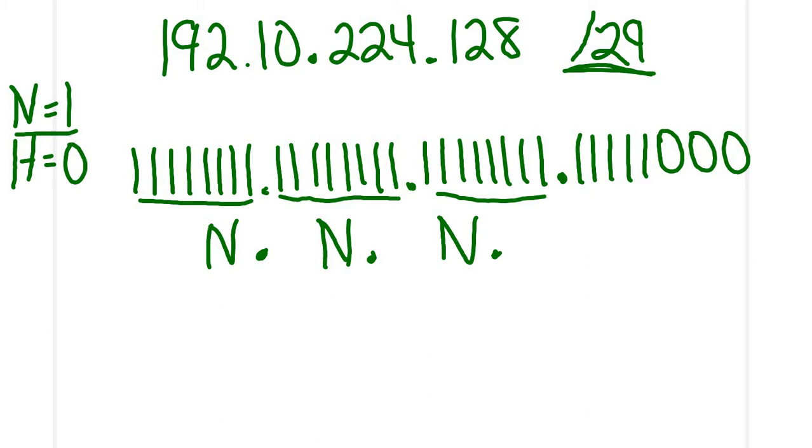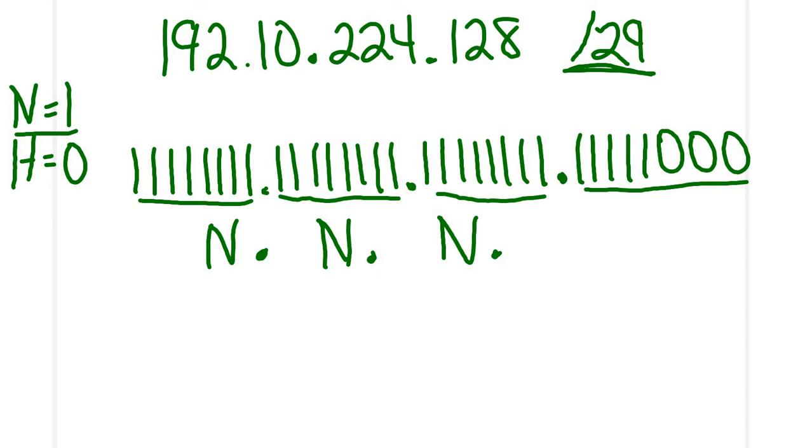And in the instructions it says that it wants us to place a lowercase n if a single bit is in the network portion, and a lowercase h if we have a single bit in the host portion. So this last octet, because the octet is mixed with zeros and ones, I have to use lowercase letters.